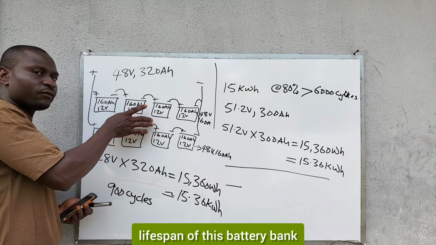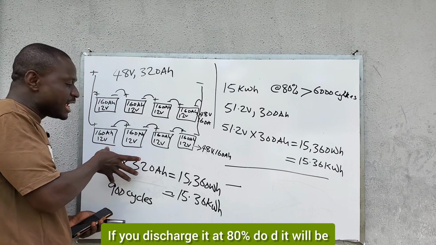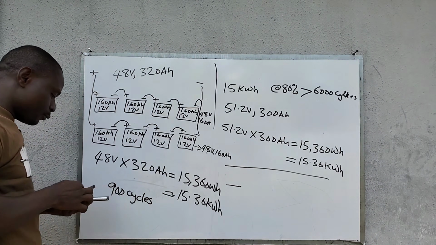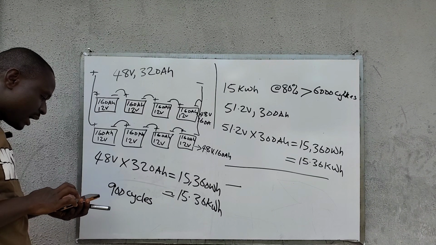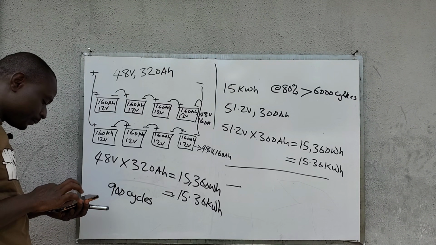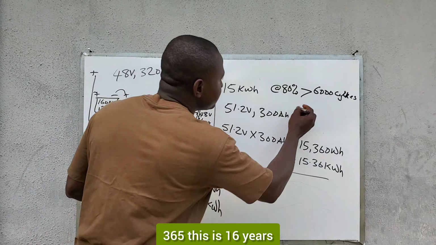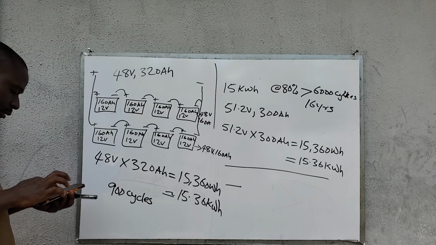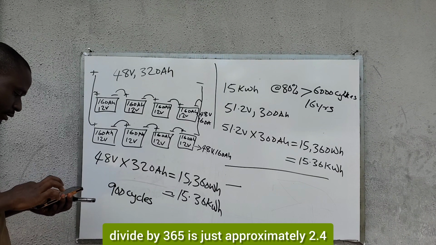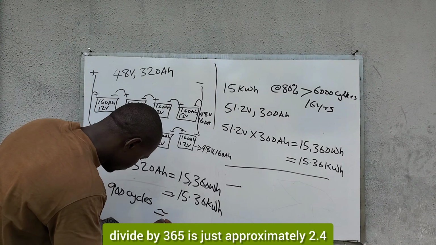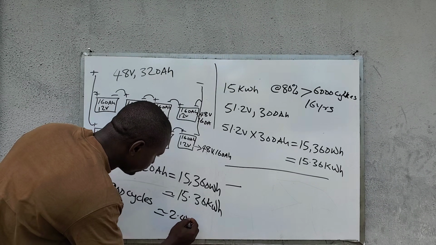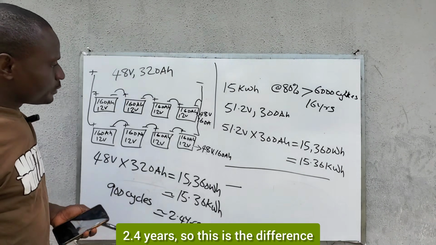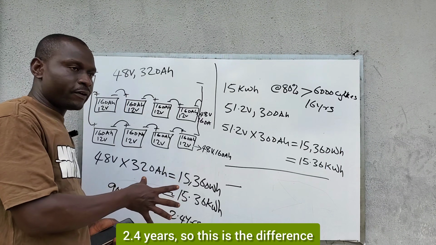The lifespan of this lead acid battery bank at 80% DOD will be shorter than the lithium one, because for the lithium we have 6,000 cycles. 6,000 divided by 365 is about 16 years. Then 900 divided by 365 is approximately 2.4 years. So this is the difference.